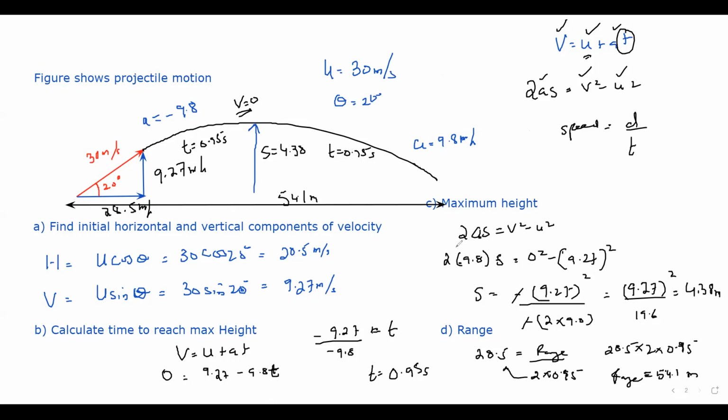This is how we normally solve the question. There are steps, and these parts are interrelated. So for vertical, we always use the equation of motion, and for horizontal, we use speed is distance divided by time.